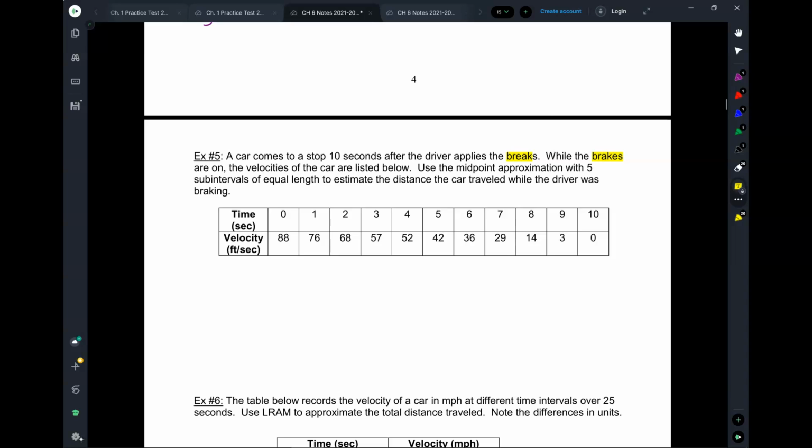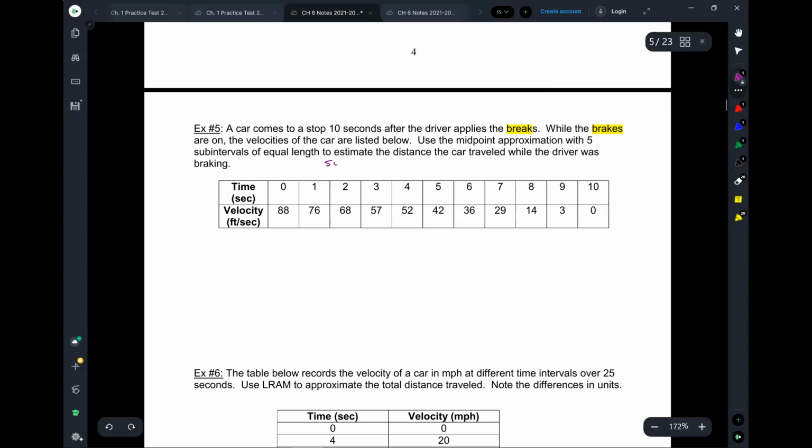We've got 10 seconds here, but we want to split it into 5 subintervals. So you take the entire interval, which is 10, divided by 5. Each base has a length of 2.